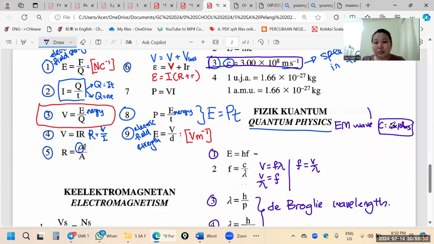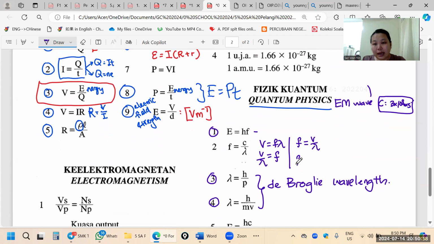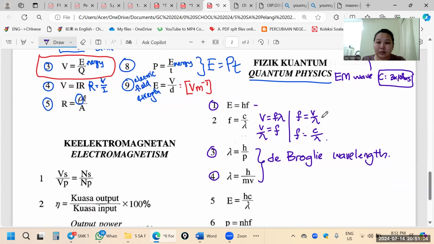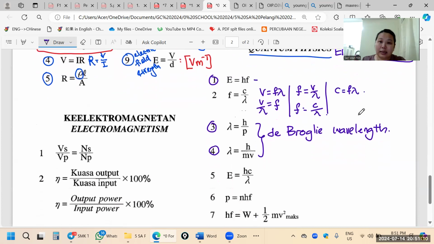All of the EM waves have the same speed, so f equals c over lambda, or you can change it back to c equals f lambda. That's why, for E equals hf, we can substitute.